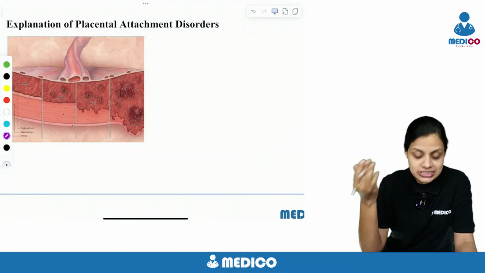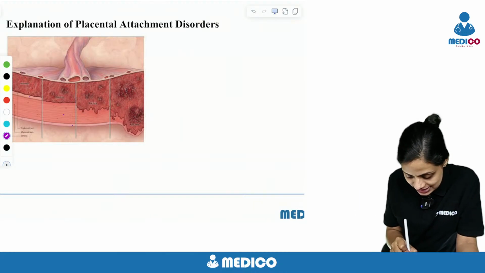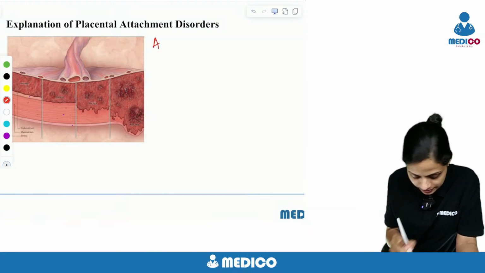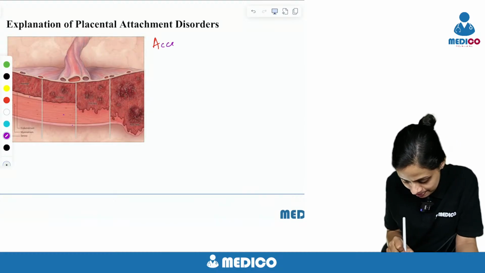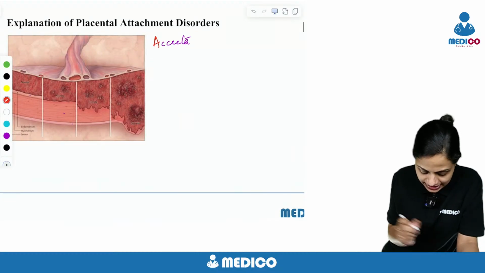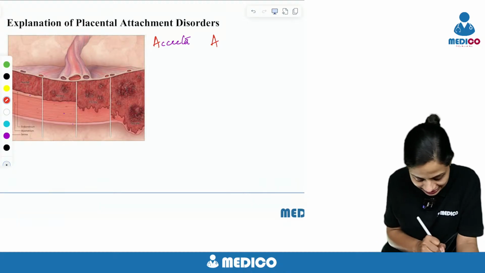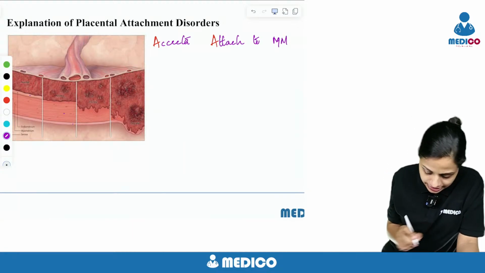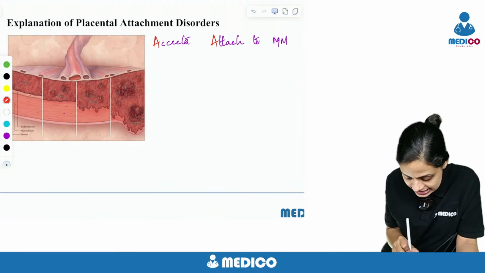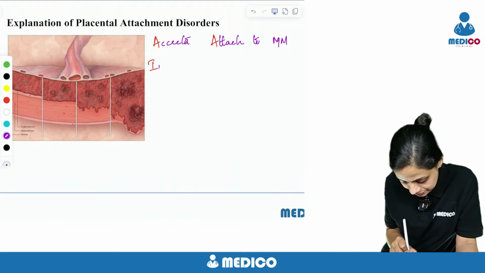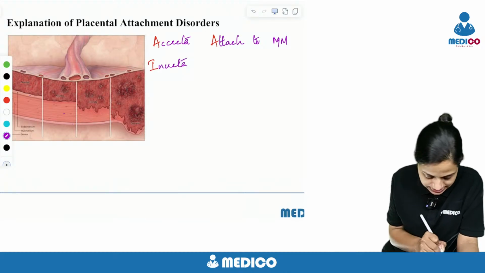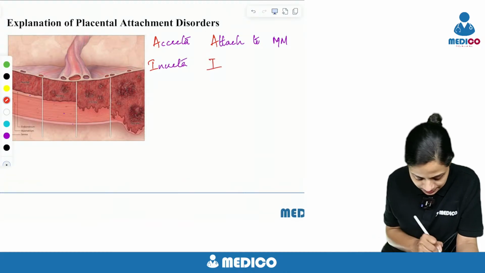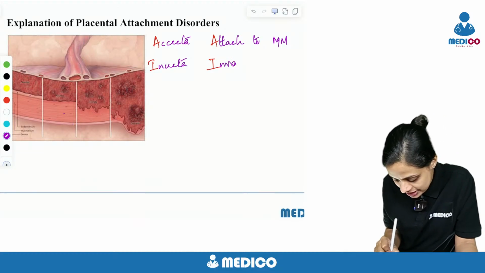I'll tell you an easy way to remember. If it is accreta, it means that the placenta will attach to the myometrium. In case of increta, the placenta will invade the myometrium.